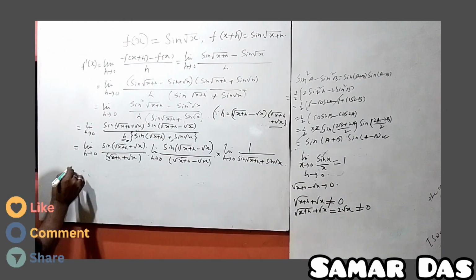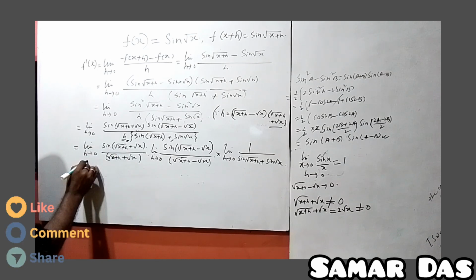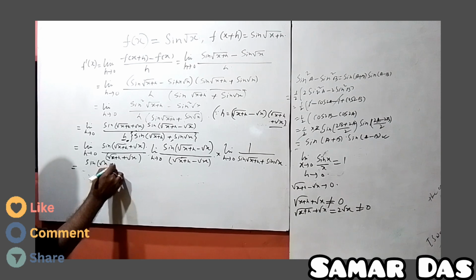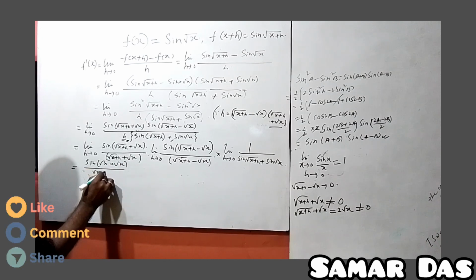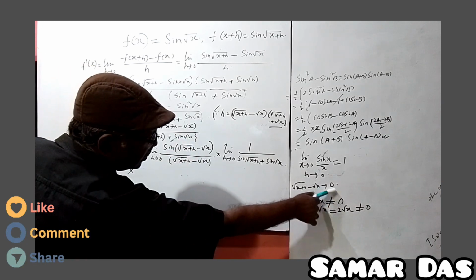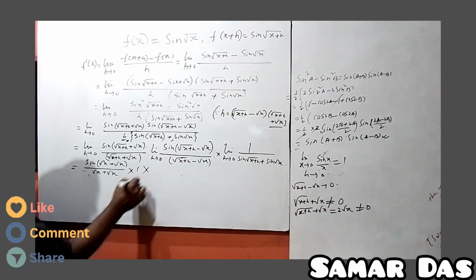Okay. See, if we put h as 0, the value is root over x plus root over x, and approaching value here is 0, so we can write here the approaching value is 1.